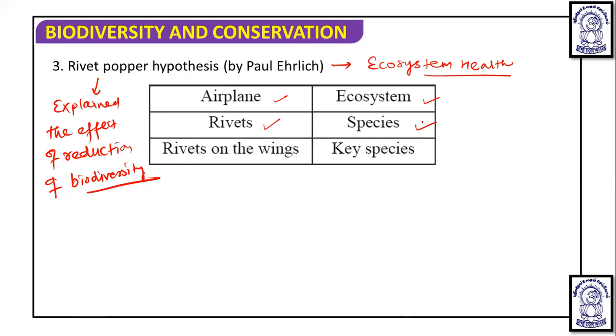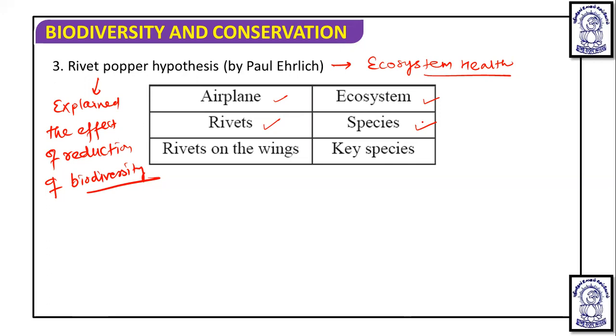That is the proper functioning of the ecosystem initially. It is not going to affect the flight. But as more and more rivets are removed, the plane becomes dangerously weak, and over a period of time it is going to be damaged. Furthermore, the rivets which are removed may also be critical.